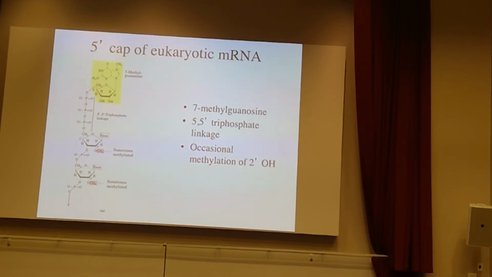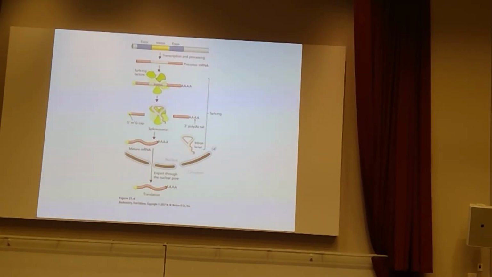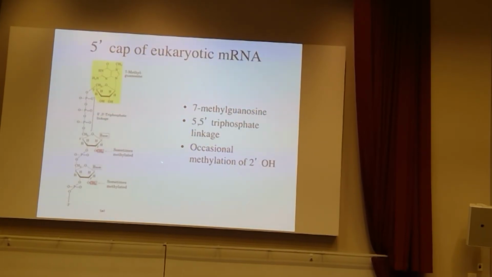Here's what the 5' cap of the eukaryotic mRNA looks like. Okay, so that's the region that gets put on right here. This is a 7-methyl guanosine, right? So here's our 7-methyl guanosine position right here. It's added through a really unusual linkage onto the 5' end of the RNA.